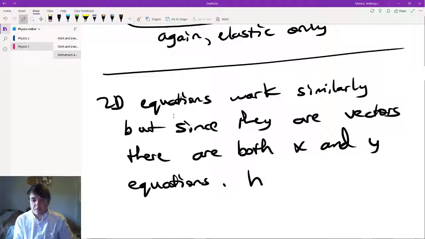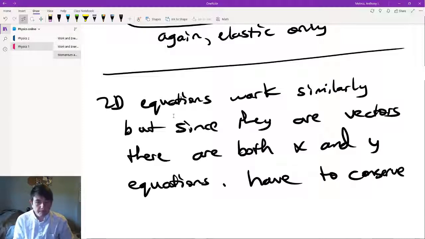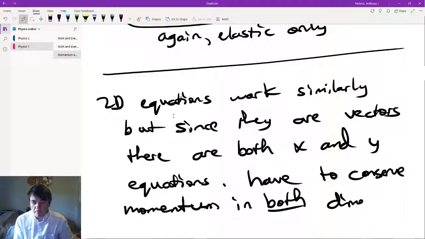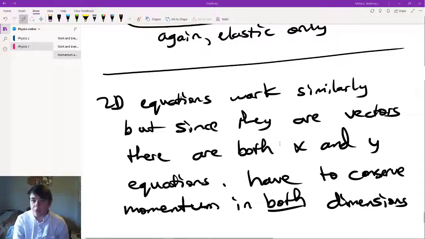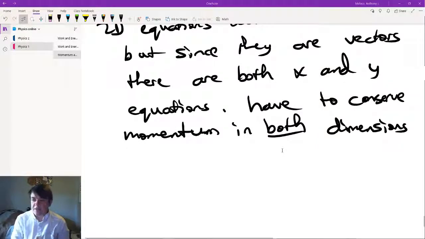So you have to conserve momentum in both dimensions. Okay, so it's pretty challenging to do that. But I will talk about that in the examples video. Okay, so for that we've got 1, 2, 3, 4, 5, 6, 7, 8 examples of momentum. Okay, but I will do that in that video.